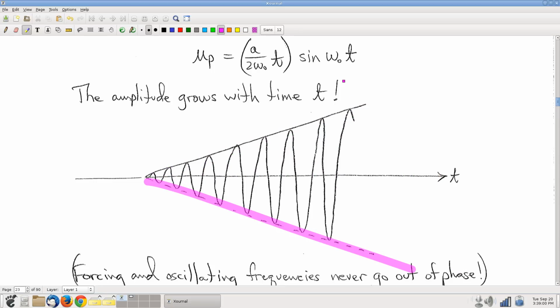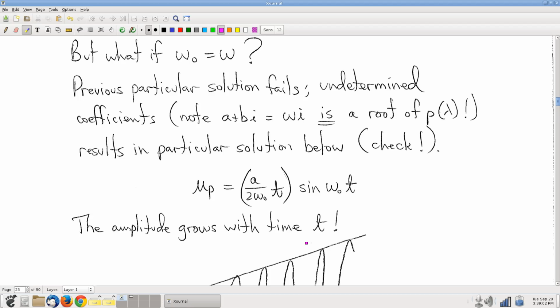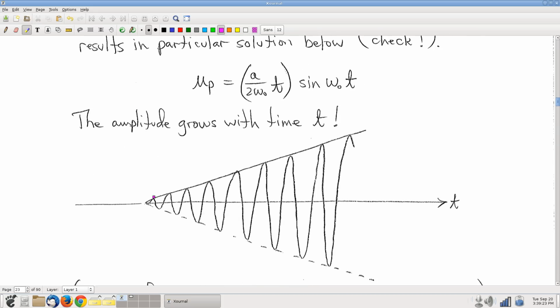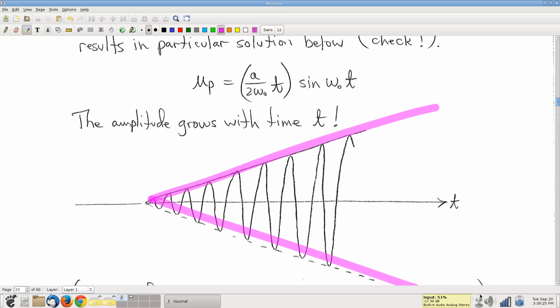So this is a very dangerous phenomenon, this phenomenon of resonance. So, in other words, if there is some sort of external force that's being applied to your situation, you have to make sure that the natural frequency of your system, whatever that is, can't equal that. Because if it does, then you sort of expect something catastrophic might happen.